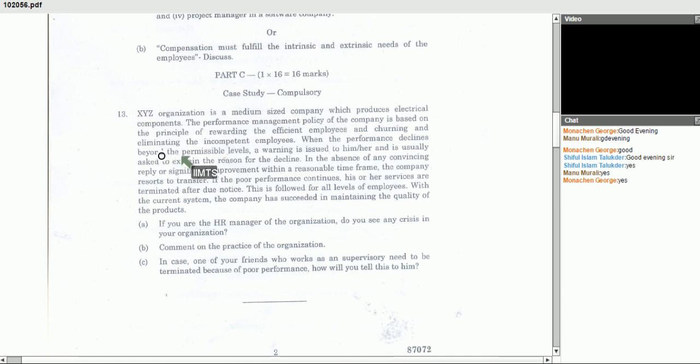When the performance declines beyond the permissible levels, a warning is issued to him or her and they are usually asked to explain the reason for the decline.